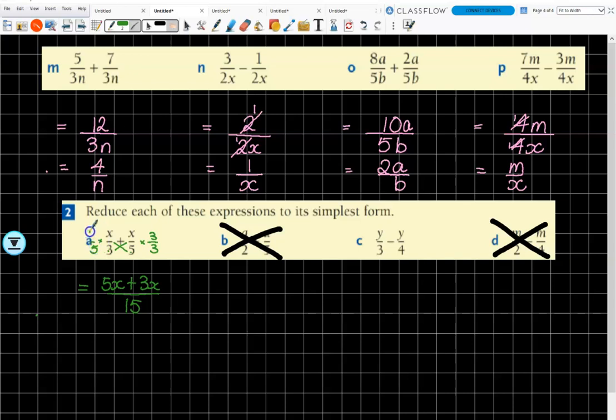Over 5. I just find that makes my working really cluttered. But if you like to do it. Okay, we add 5x plus 3x is 8x, all over 15. We do a quick check. What's the biggest number that goes into 8 and 15? Nothing, that's 1. That's it, we leave it. No cancelling required here.